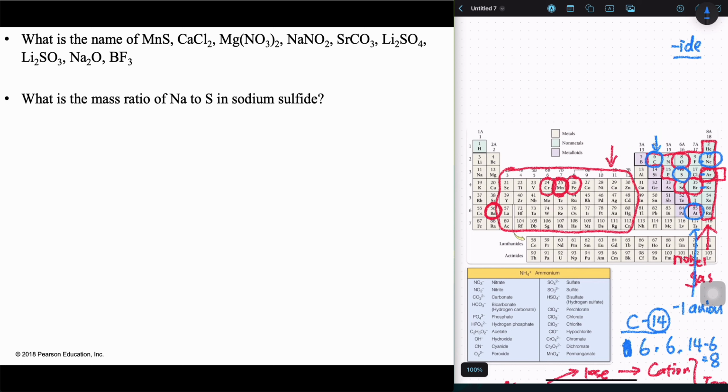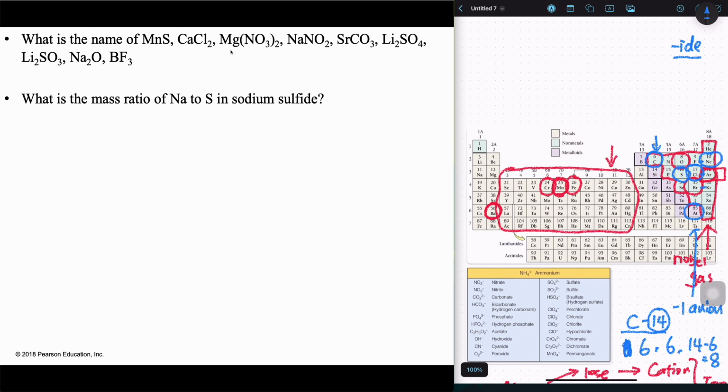Manganese sulfide. Second one, CaCl2. This is simple. This is calcium chloride. Why do we call it chloride? Because again, chlorine is a simple anion, so we add a suffix of -ide. Chlorine becomes chloride. So calcium chloride.